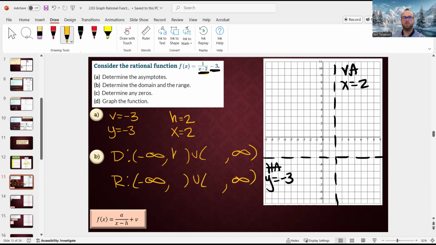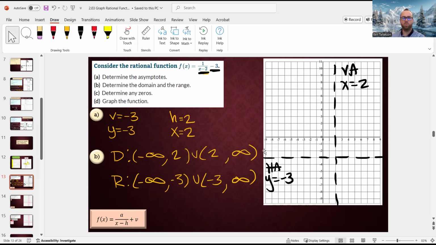Well, domain went with H, right? And range went with V. So what is H? We see right there it's 2. And if you're ever unsure, you can always look at your graph. I'll do that after I fill in V. We see above V is -3. So there it is. You can always double check with your graph, okay?